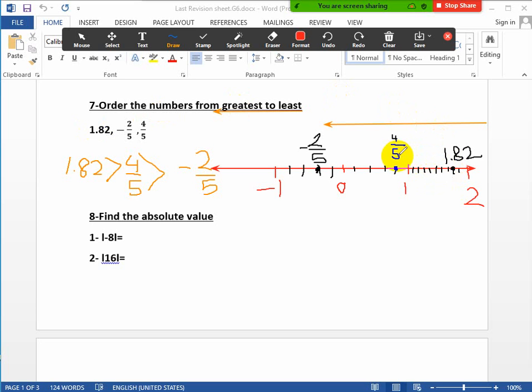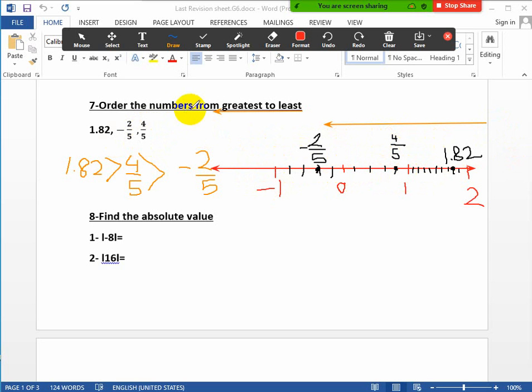This is very easy, I think, for you, because I told you each number will be between which two numbers? 1.82 will be between 1 and 2 on the right side of 0. Negative 2 over 5 is negative, so it will be on the left side of 0, between 0 and negative 1. 4 over 5 will be between 0 and 1, on the right side of 0.